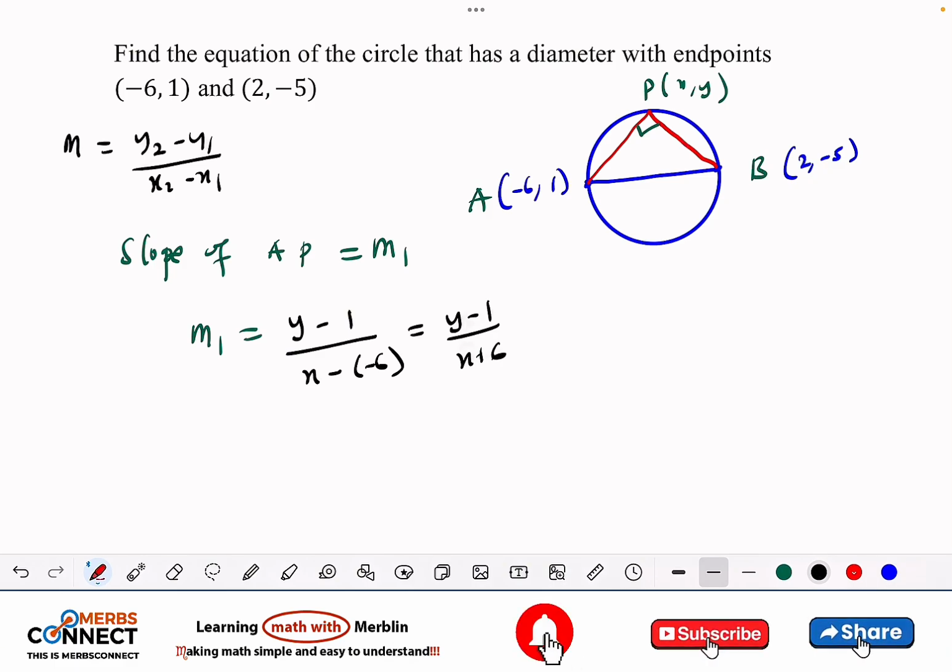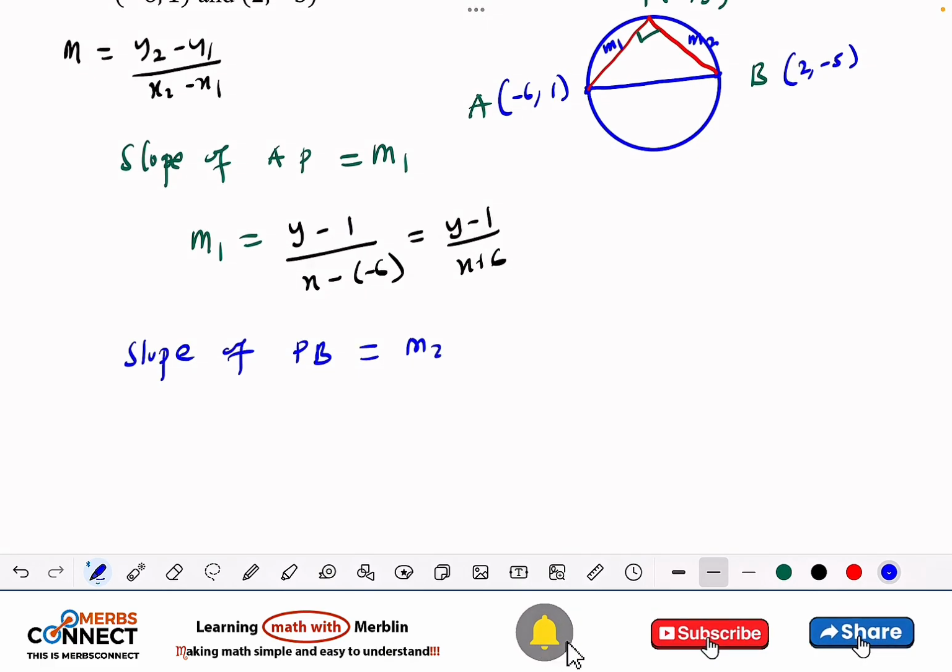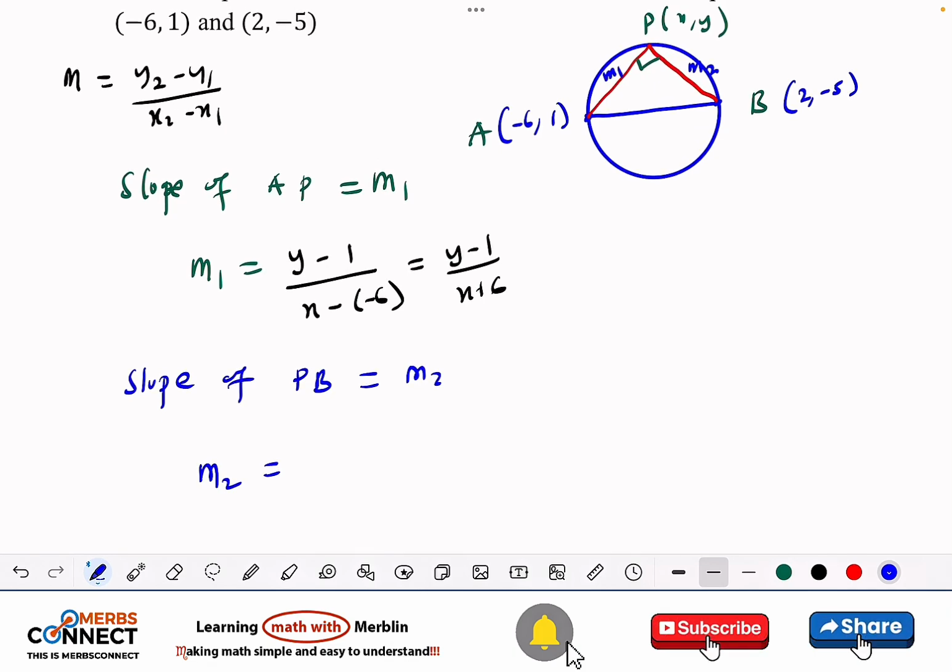Let me assume this line here has a slope of 2, and this one is a slope of 1. So the slope of PB is equal to M2. What will M2 be? M2 is equal to y minus 5 divided by x minus 2.